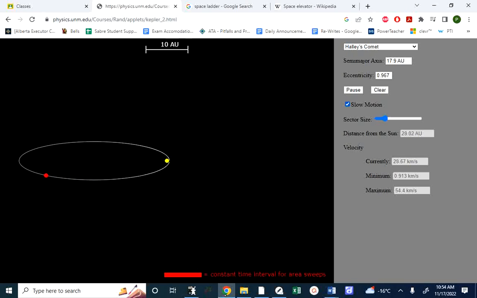What you're actually finding is an average speed. But when you find the period, you are finding the correct period with Newton's laws, even though it's not a circle, as long as you use the average radius. It's not even really a radius, but the average distance. And if you do that, Newton's laws and the work we did yesterday are pretty much bang on. There's not a lot of discrepancy.